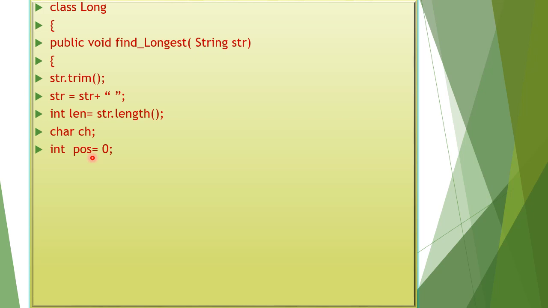As we know, for the substring function we need to specify the start index position. So the variable pos is defined to store the start index position, and that is initialized to 0.